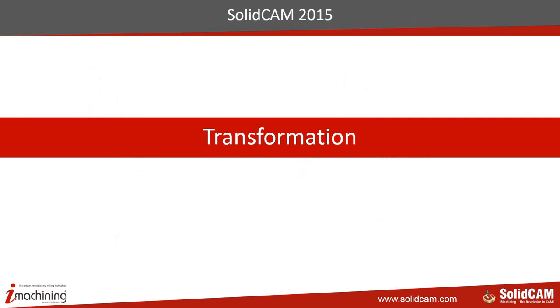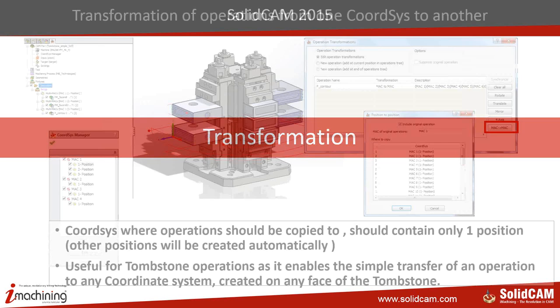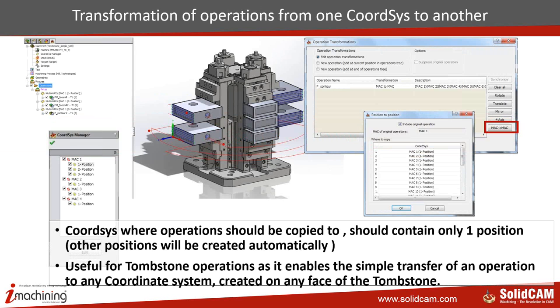Now, in addition to that, we've also made a vast improvement in our transformation. Transformation today allows you to transform not only a matrix, not only a fourth axis rotation, but also to transform to a different coordinate system that you have.